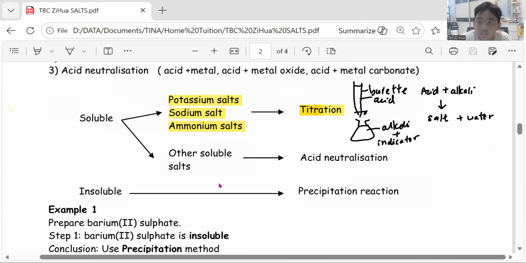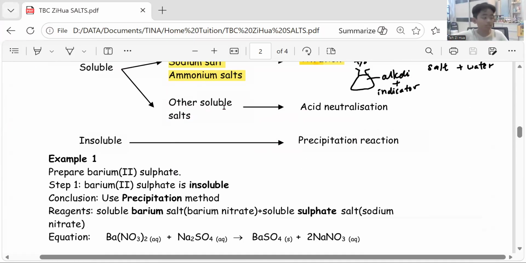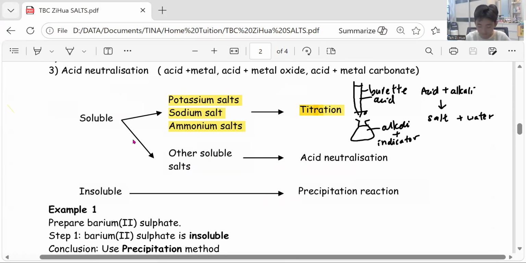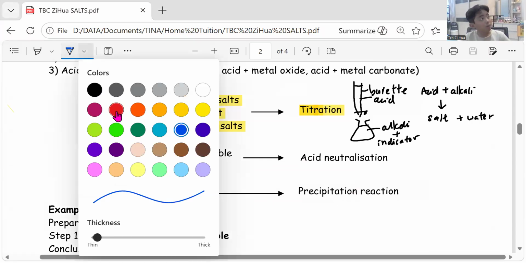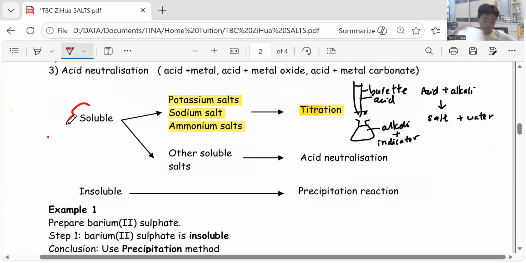Okay. So now I'm going to teach you another kind of salt. If it's soluble, but it's not potassium, sodium, or ammonium, for example zinc sulfate, is it a soluble or an insoluble salt?